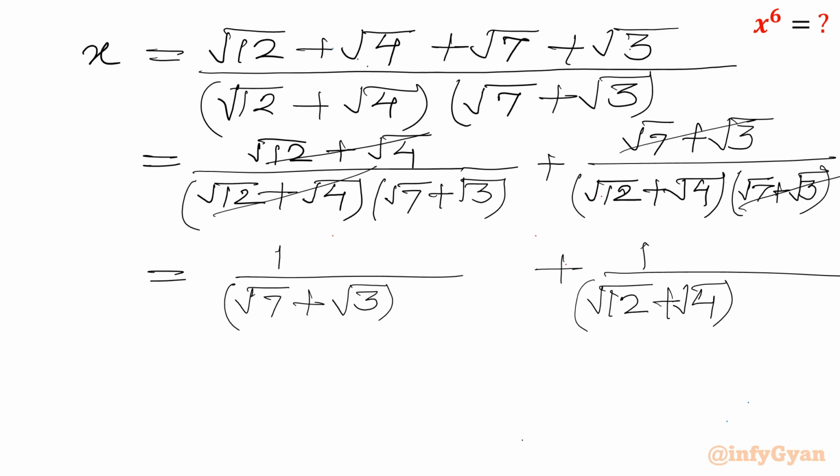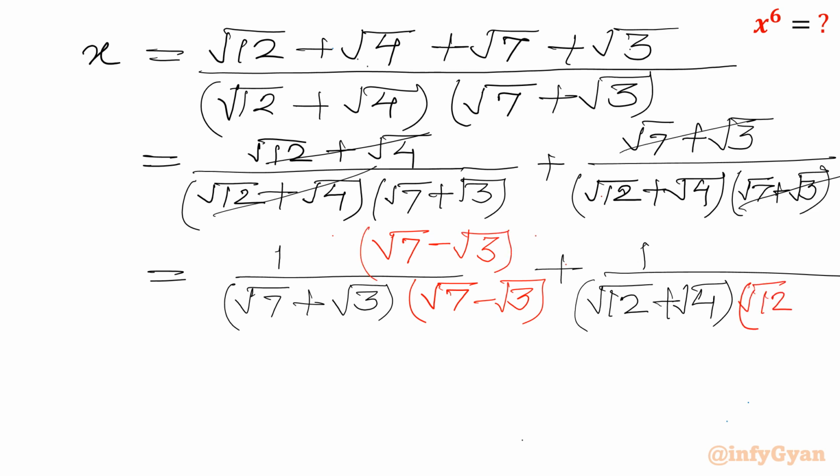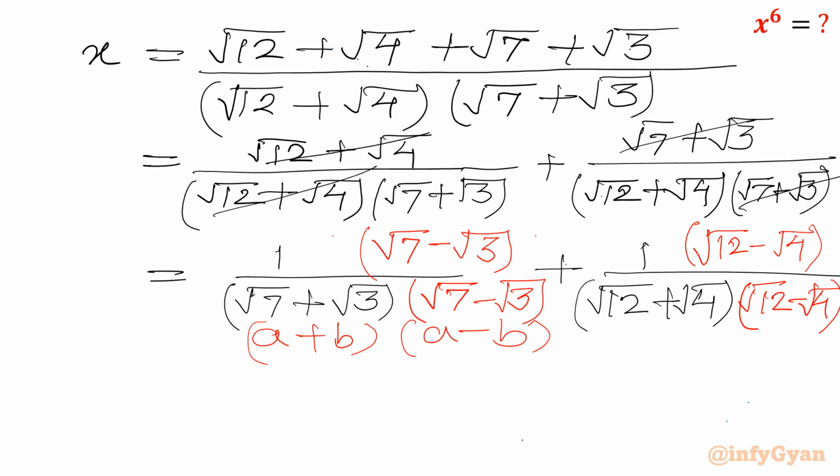Now I will rationalize my denominator. So here I will be multiplying root 7 minus root 3 in the numerator and denominator. And for this term, we will multiply root 12 minus root 4 in the numerator and denominator. Now a plus b times a minus b, so we can write here the algebraic formula, difference of two squares.